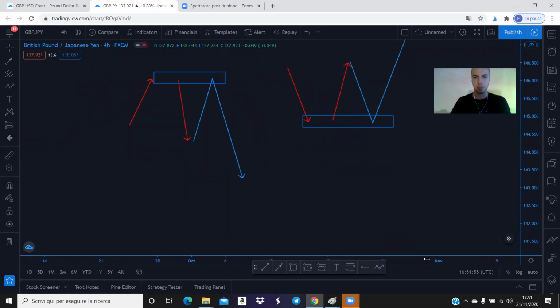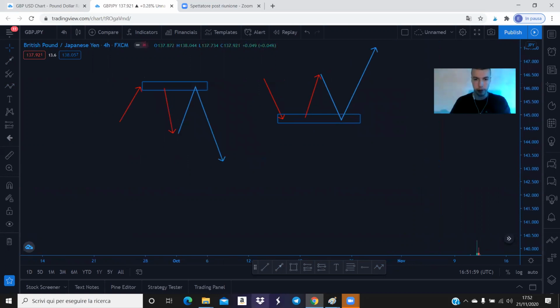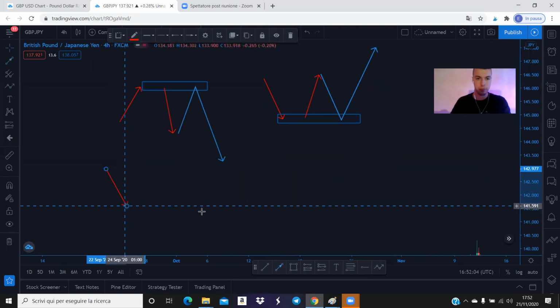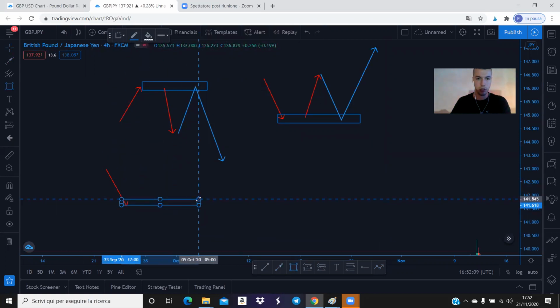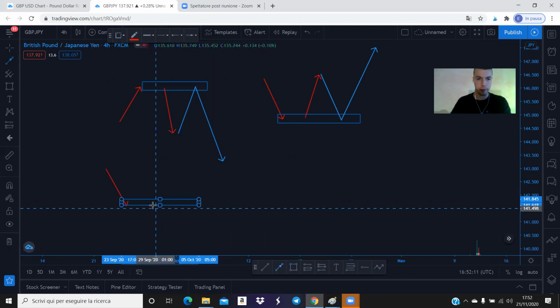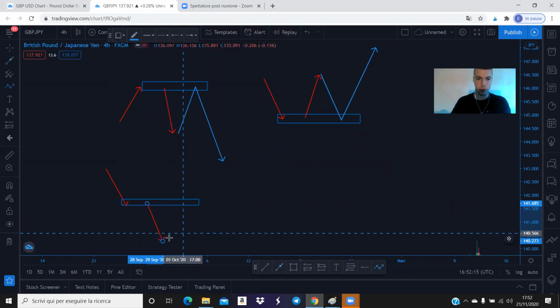Then the third option is the drop base drop, and this has to be of course the big push.